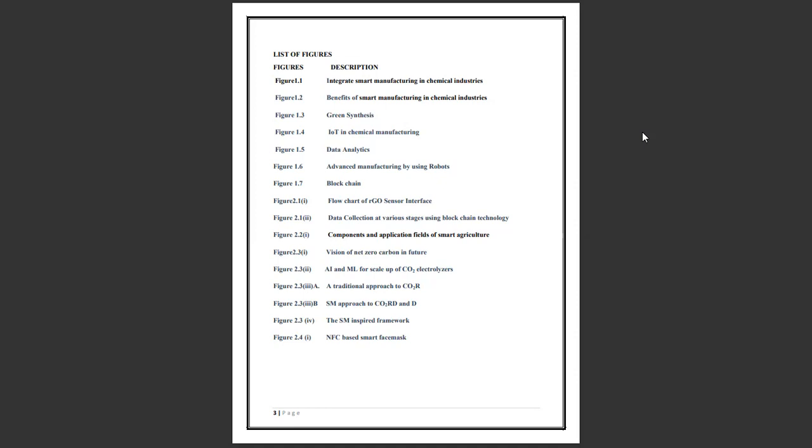The other figure from chapter 2 is about data collection at various stages by using blockchain, and then components and application of smart agriculture, net zero of carbon in future, AI and ML for scale up of carbon dioxide electrolyzers, and traditional approach versus smart approach to carbon dioxide electrolyzers. The second last is a smart manufacturing inspired face mask, and the last is about an NFC based smart face mask.